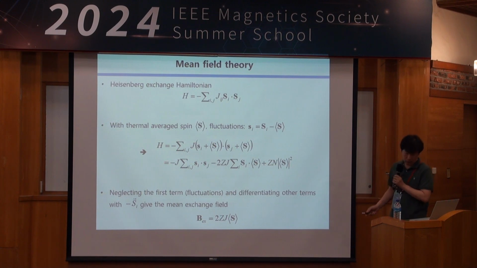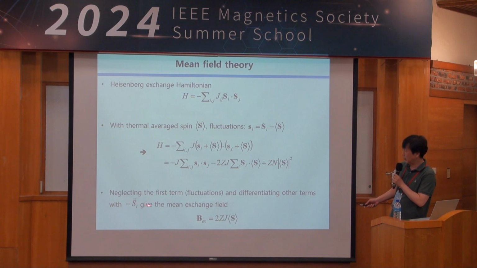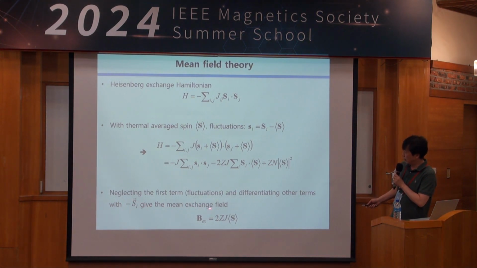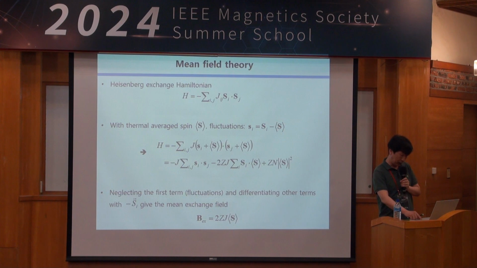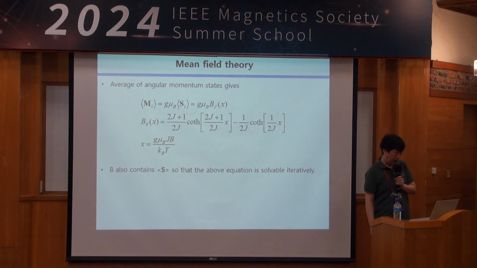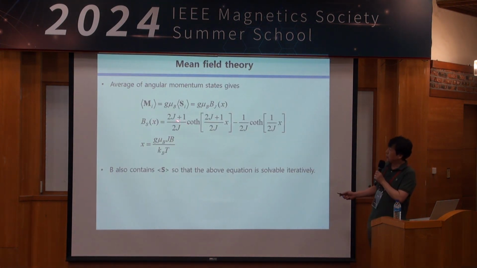The first term describes the fluctuations, so usually we ignore that, because that is small. And the other terms are all related to the local spin S. So you can define the mean exchange field by taking the differentiation of the other terms with this vector S. Then, by multiplying the Lande g factor and the Bohr magneton, you can calculate the magnetic moment.